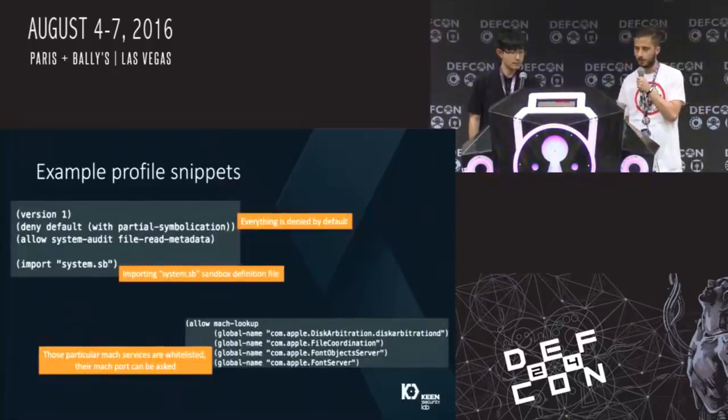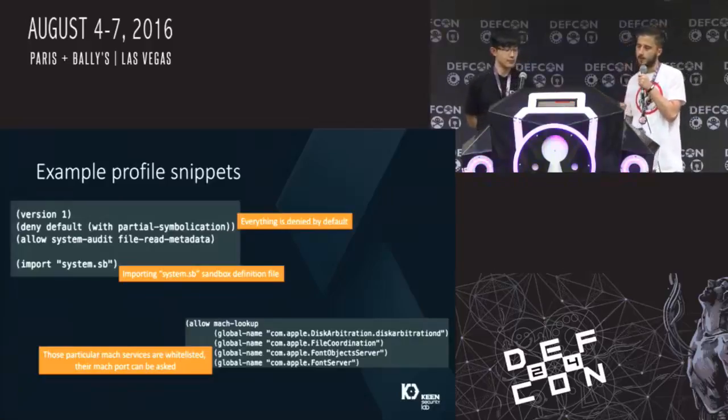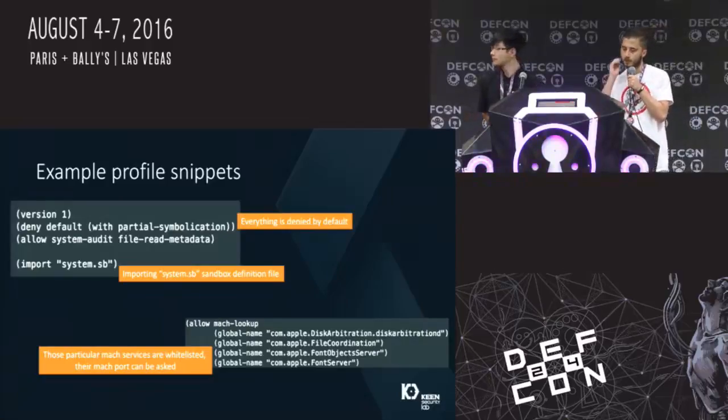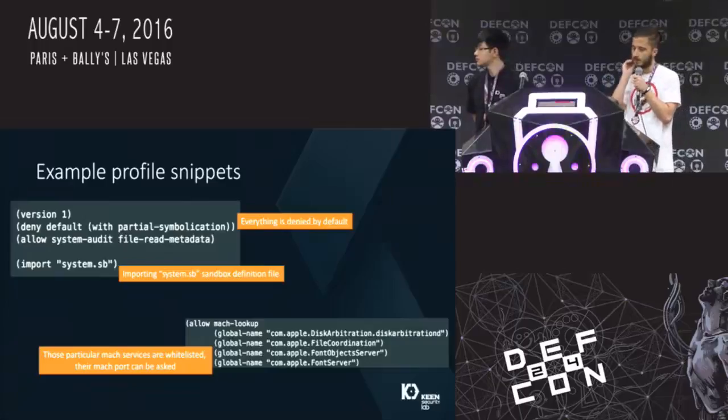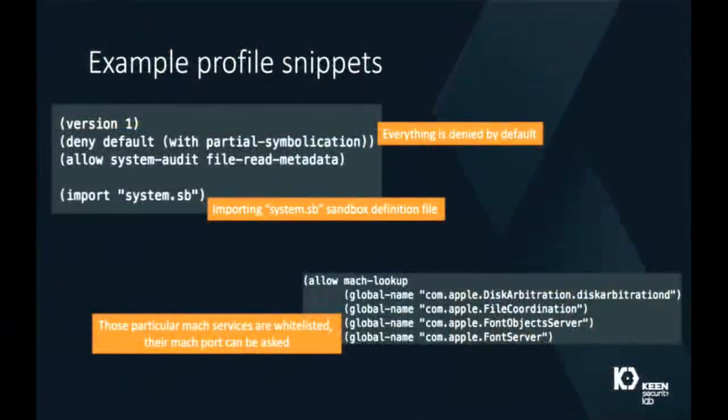So let's take a look at what a sandbox profile looks like. As you can see here, we have a first very simple snippet. It's written in this custom language, very simple to understand, very human readable. Here there is a deny default rule.